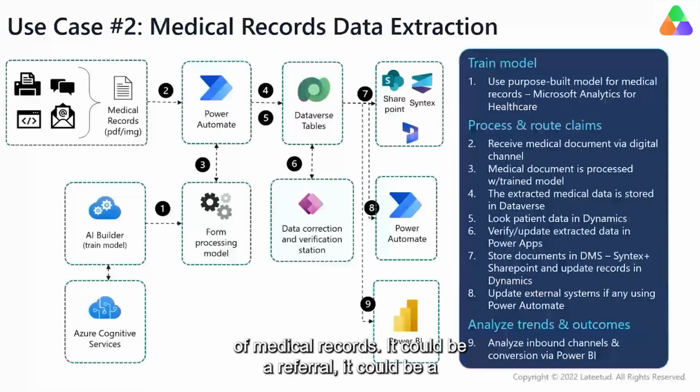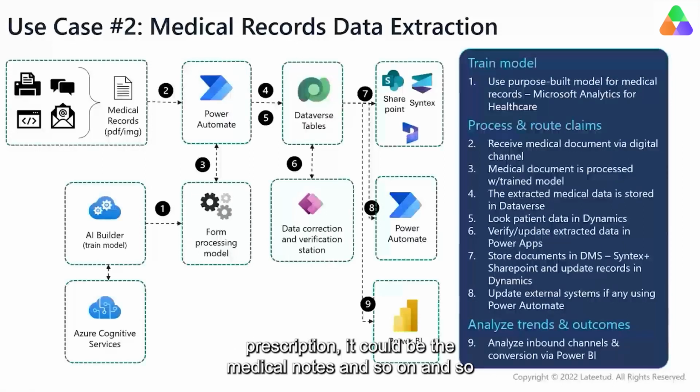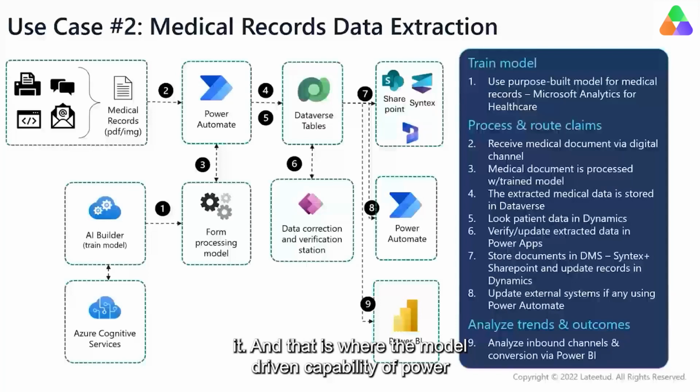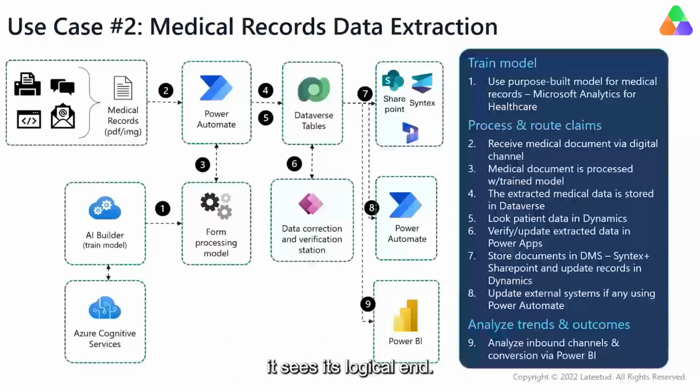It could be a referral, it could be a prescription, it could be the medical notes, and so on and so forth. Once the data is extracted, it has to be put into different queues so that the staff on your side can review it and different departments can review it. And that is where the model-driven capability of Power Platform comes in, where you can create workflows so that everyone can participate and make sure that it sees its logical end.